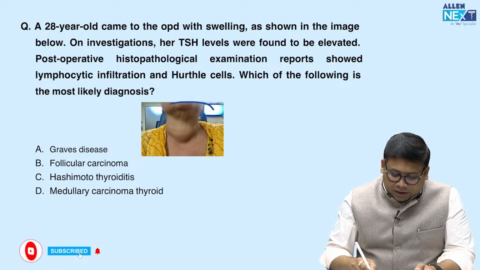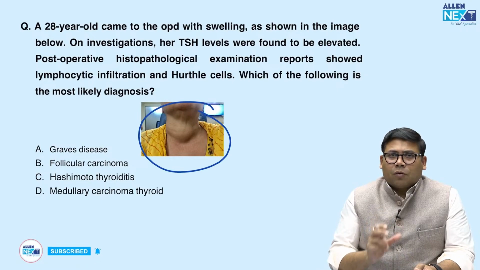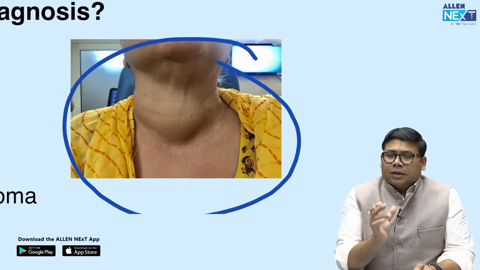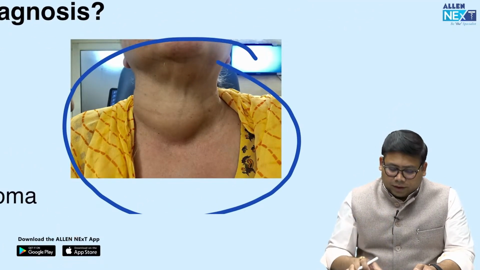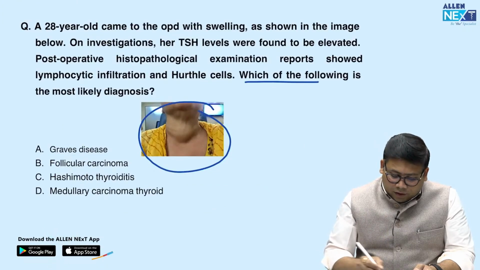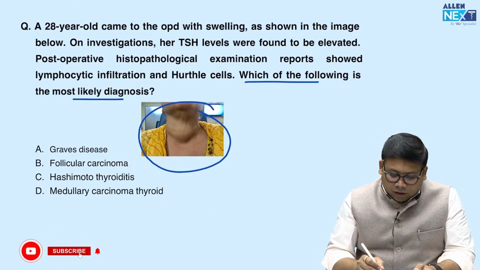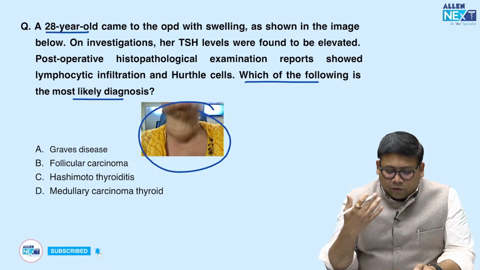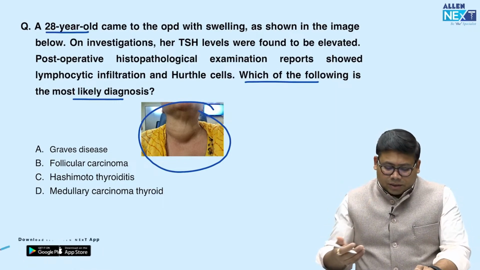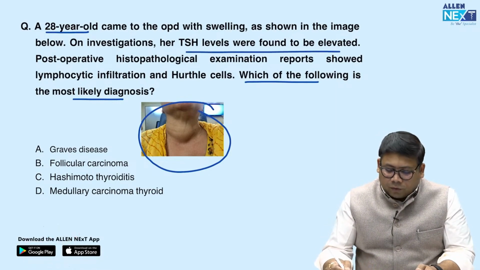Now again, this is an image where you see a goiter, a fine bosselated appearance. Which of the following is the most likely diagnosis? A 28-year-old female presents with this image, and the TSH levels were found to be elevated.